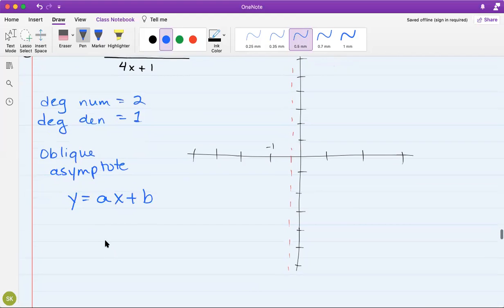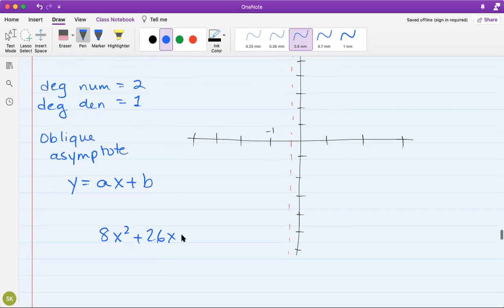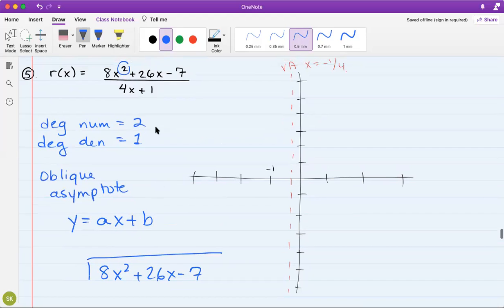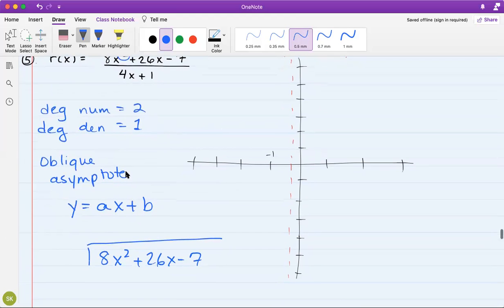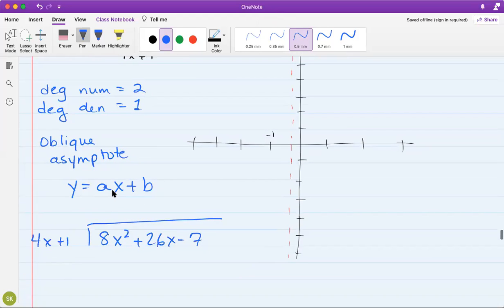So we take this 8x squared plus 26x minus 7, and we divide it by this right here, which is 4x plus 1. Okay, and now we're going to do this division.